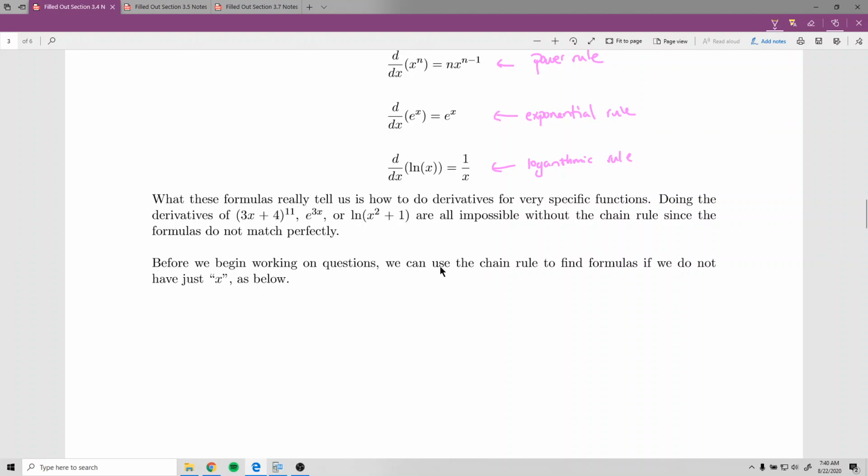All right, so once again, you don't have to memorize these. These are just applying the chain rule to each of these, and then replacing x with what I'm going to call u, which is a function of x.